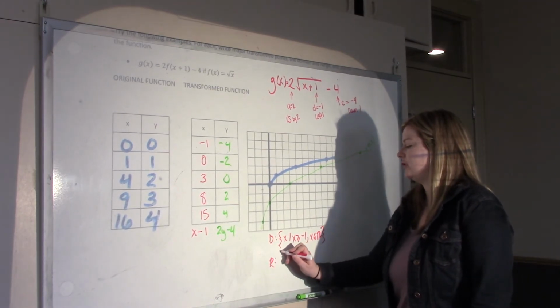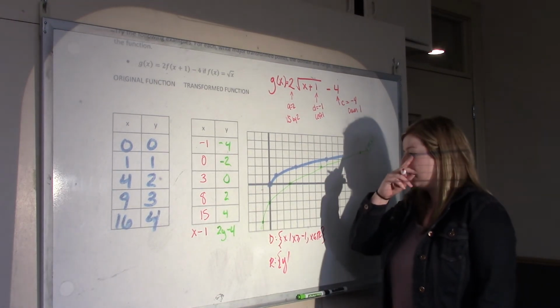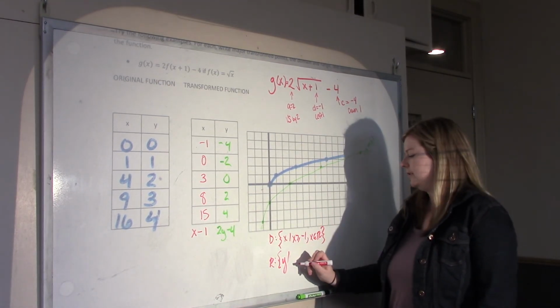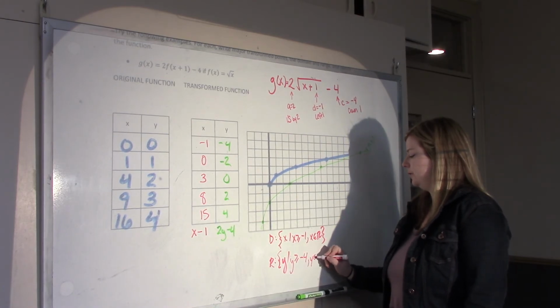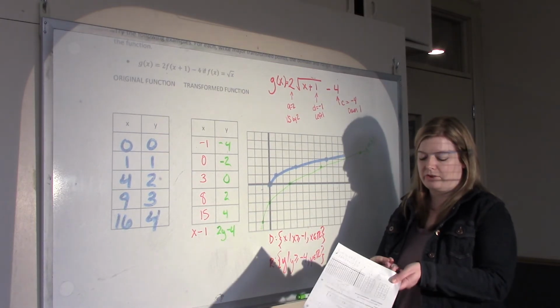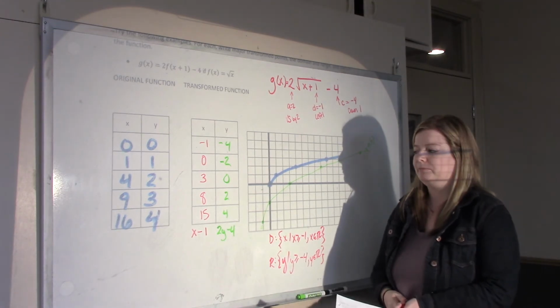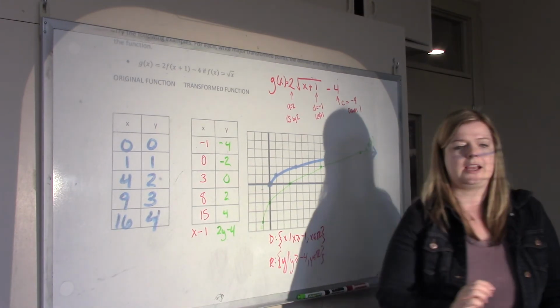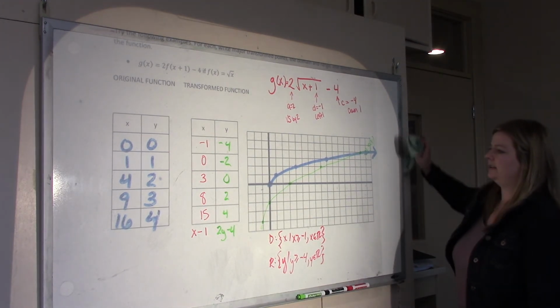And our range, normally, with a square root function, is greater than or equal to 0, but we've moved this guy down 4, so now this range will be greater than or equal to negative 4. Okay, and it's still greater than or equal to, because we haven't reflected anything down. So take some time to examine that. Make sure you understand it.